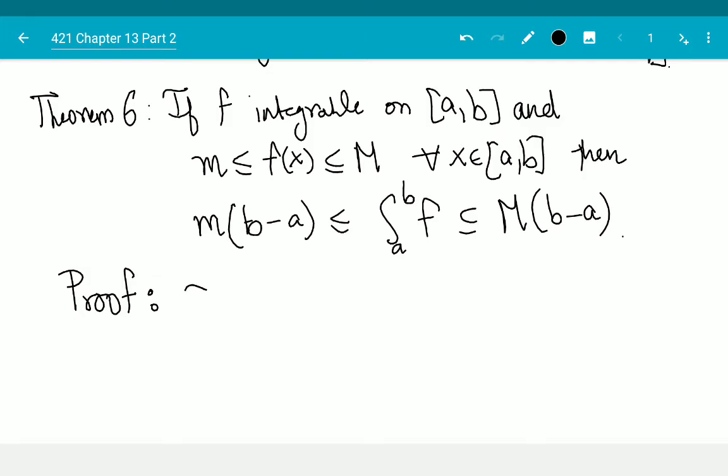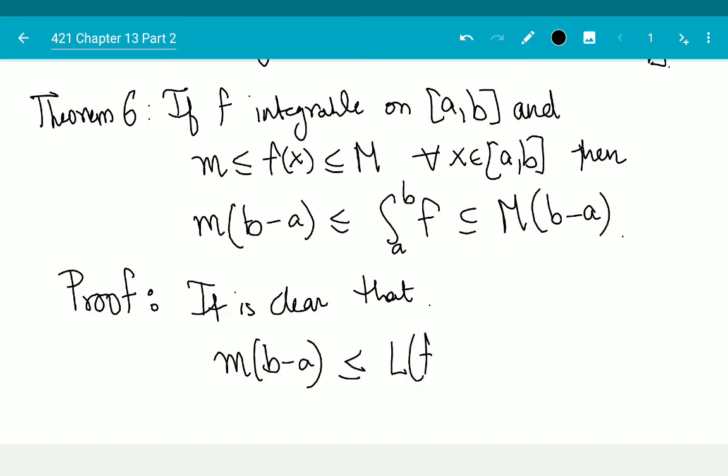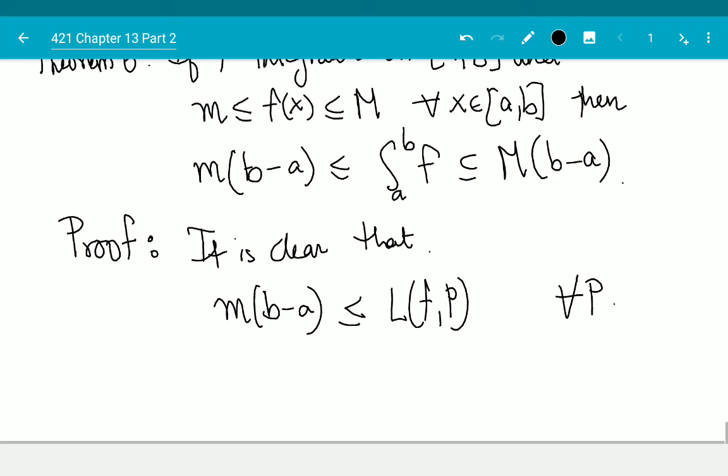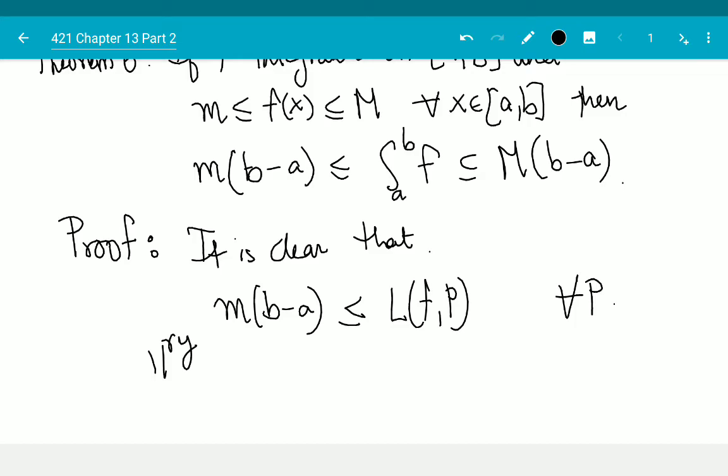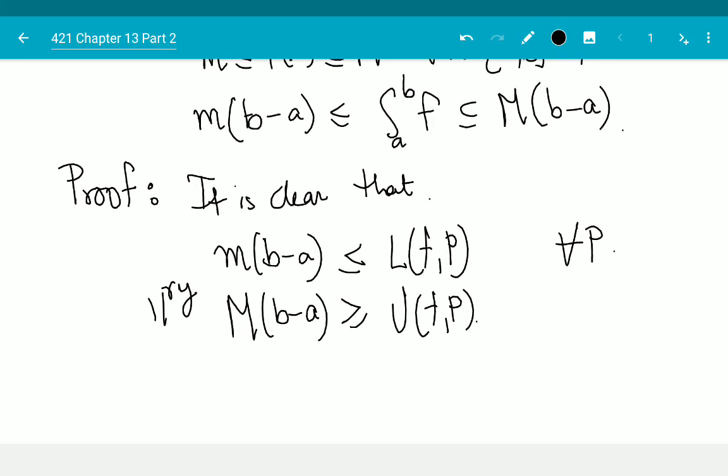It is clear that given any partition, m times (b minus a) is smaller than or equal to L(f, P) for every P. Similarly, M times (b minus a) is greater than or equal to U(f, P).